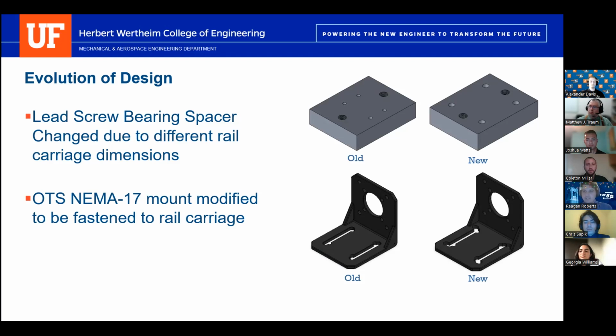But when it arrived, it turned out these dimensions were slightly different from what we anticipated. So with the NEMA 17 mounts and the bearing spacers that had to be attached to these rail blocks, the positions of all the screw holes had to be changed in order to allow for attachment to these blocks more easily.